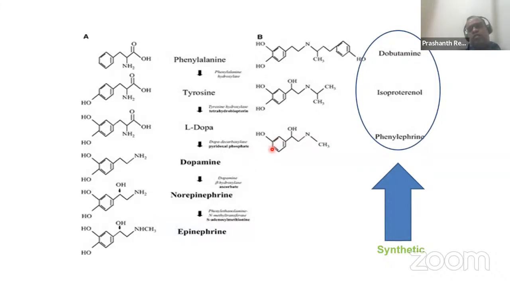It has only 1 hydroxyl group. So it is a non-catecholamine sympathomimetic agent. Phenylephrine and ephedrine, which we commonly use in operation theaters, are non-catecholamine sympathomimetics. If you see dobutamine and isoprenaline, they have 2 hydroxyl groups, which makes them catecholamines.